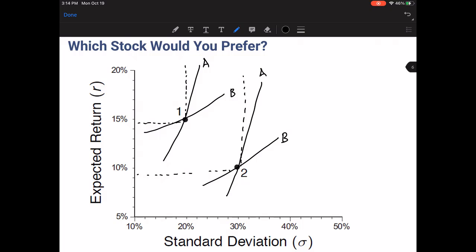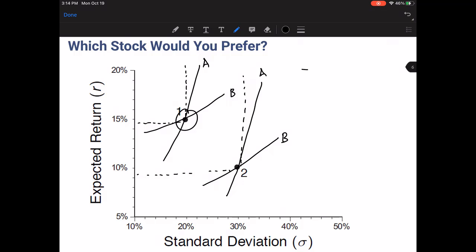Okay, so this question asks which stock you would prefer. It's quite obvious which one dominates. Portfolio 1 is within the dotted box of portfolio 2. That just means that portfolio 1 is superior in both risk and return dimensions. So both investor A and investor B would prefer 1 over 2. Let's summarize what I just said.